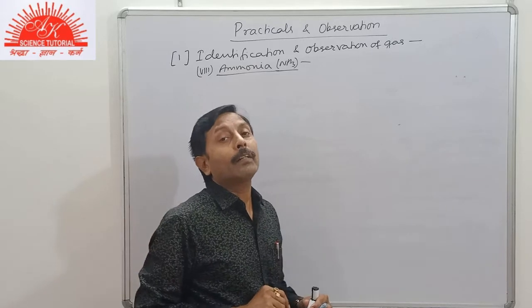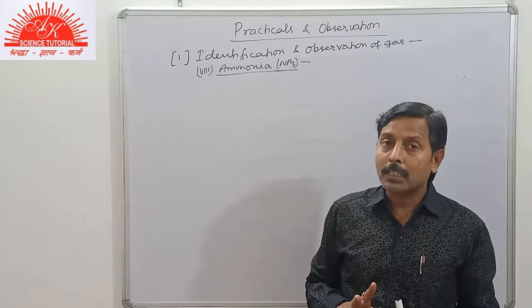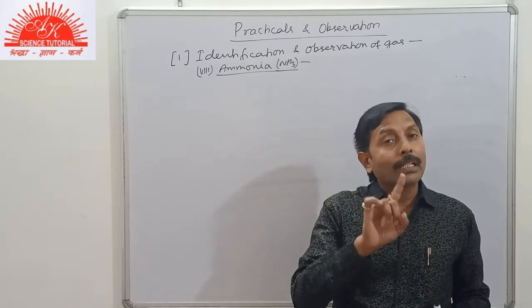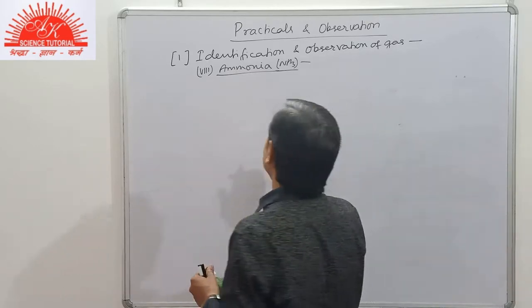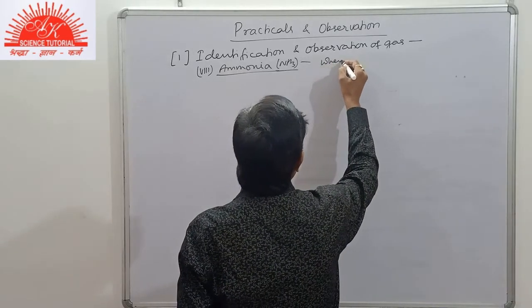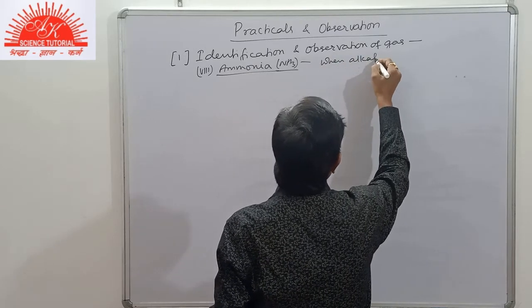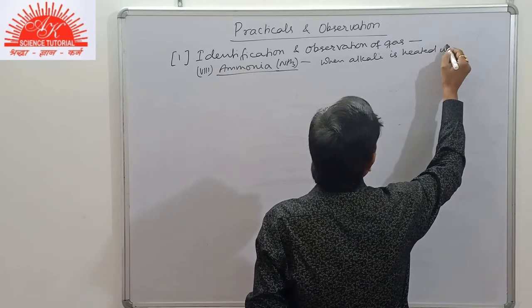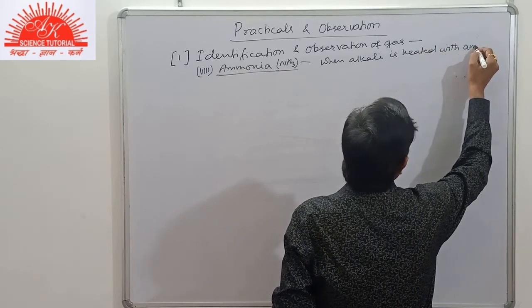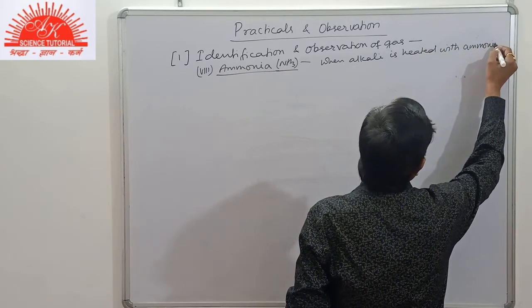How is it obtained in laboratory or for the test? By the action of alkali on ammonium salts. That is, when alkali is heated with ammonium salts.